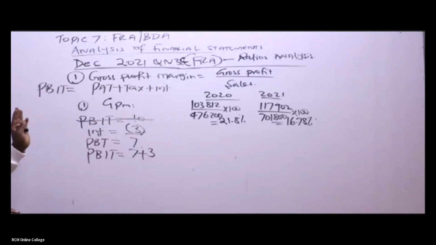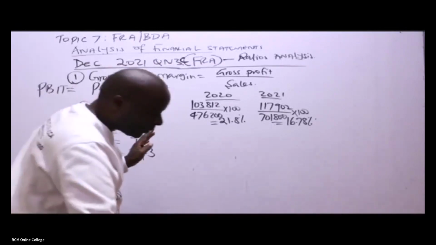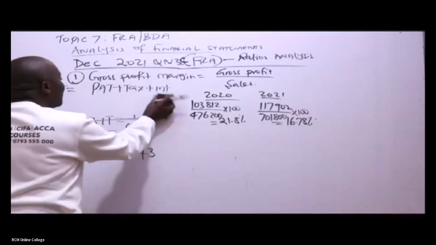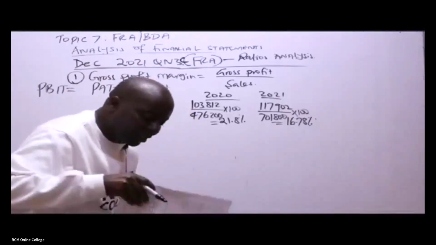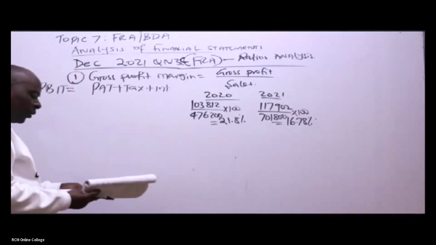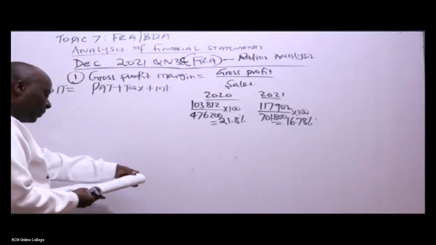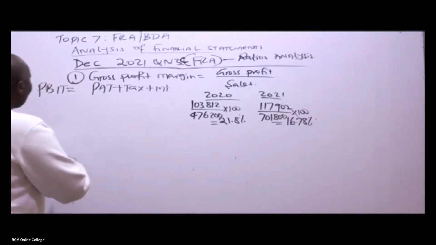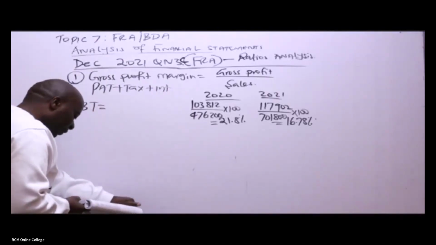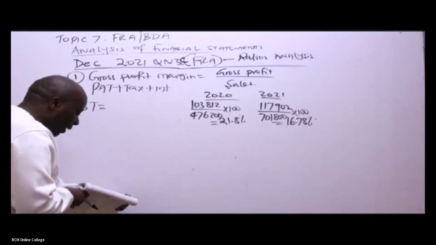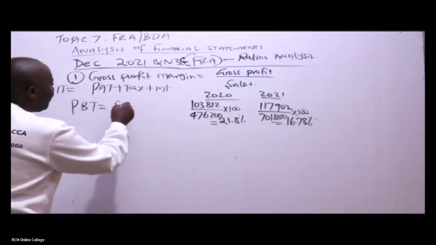It's a very, very easy concept, really. So in this question we are doing here, they have given me profit before tax of 850.